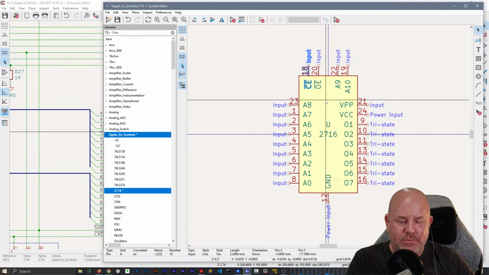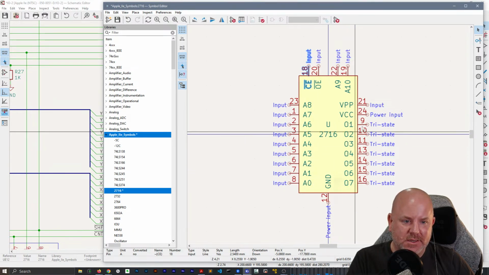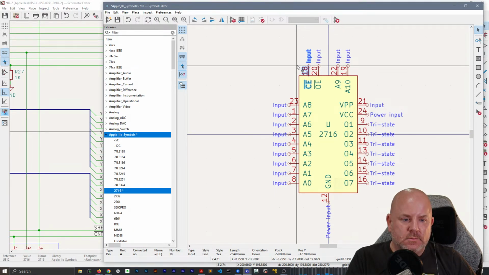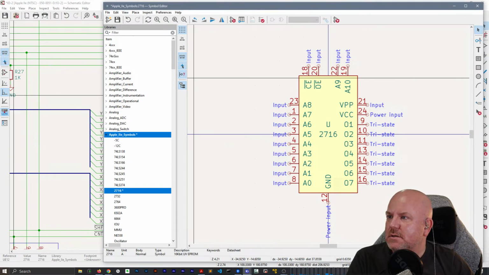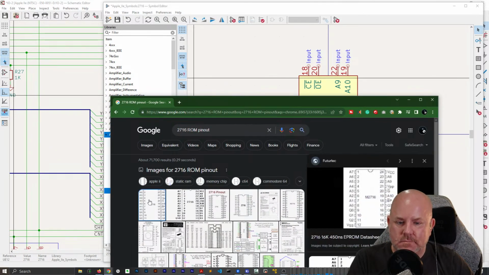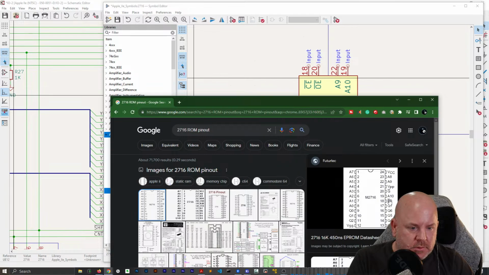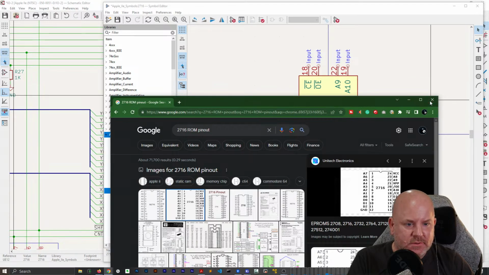It should have been 18. I'm pretty sure, without even having to look at the data sheet, it was supposed to be 18, right? Because it's 1, 2, 3, 8, 9, 10, 11, 12, 13, 14, 16. Where's pin 17? Damn it. 2617 wrong. Okay. 20 is output enable, 18 is... No, what's 17? D7. Did I just miss?